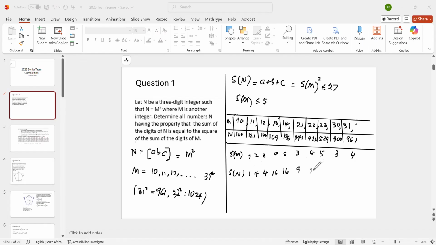That's 16. 529 is 16. 900 is 9. And we want to know whether S of n is equal to S of m squared. So when you square this, yes, 1 squared is 1, 2 squared is 4, 3 squared is not 4.